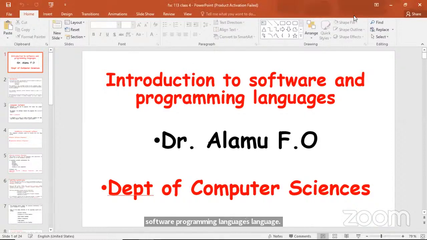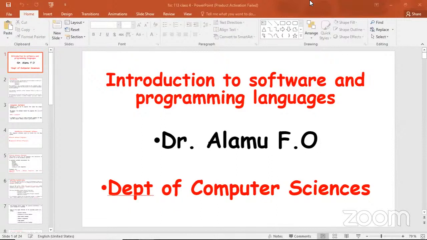Can you all see my screen, please? You can type in the chat if you can see my screen so that I can continue. All right, thank you.